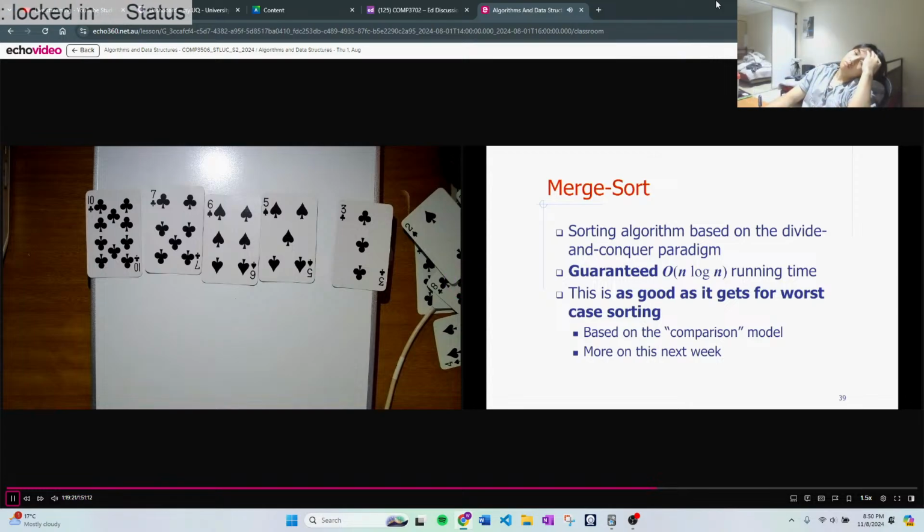We're going to be using halves of the array. We're going to split the problem in half each time. Now this thing is guaranteed to be n log n. So it's not going to get worse than n log n.